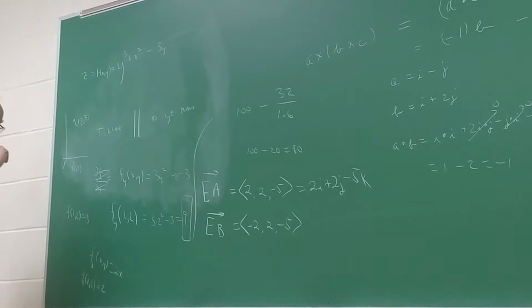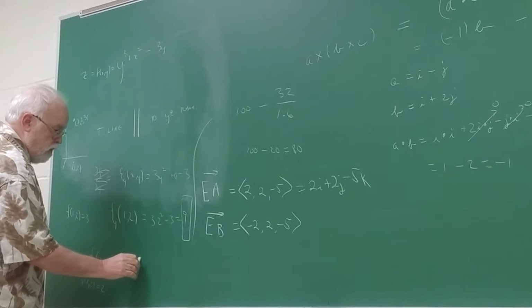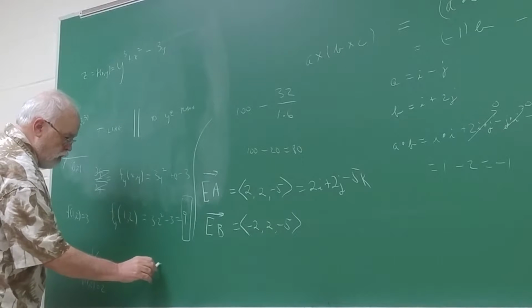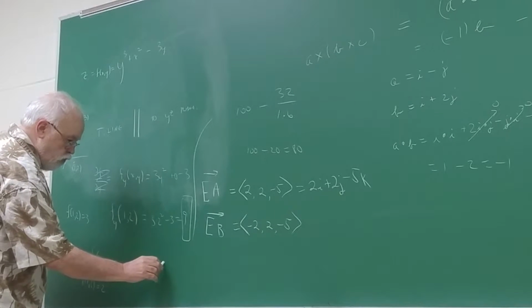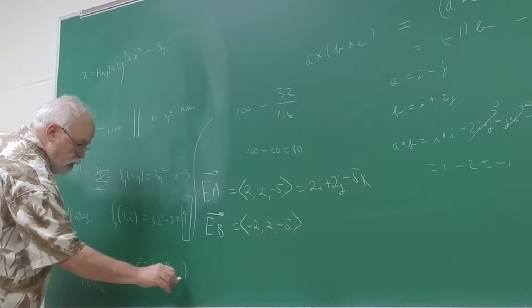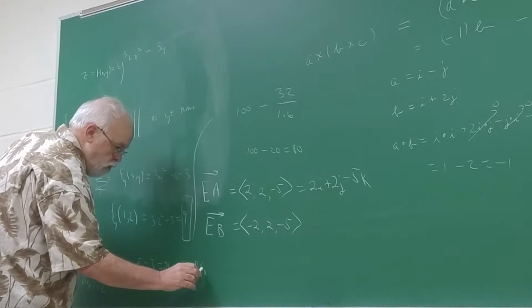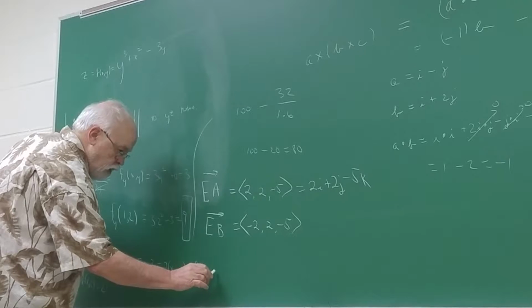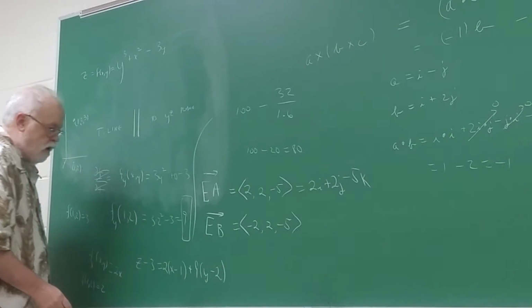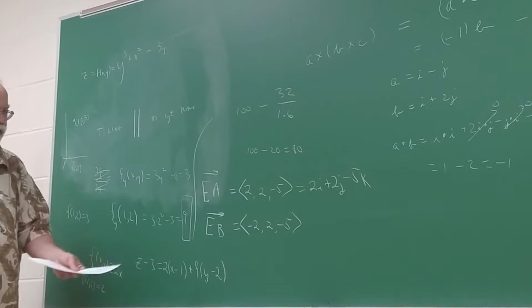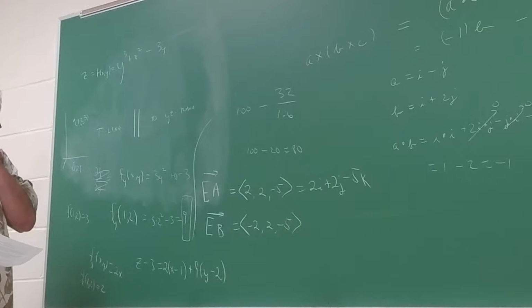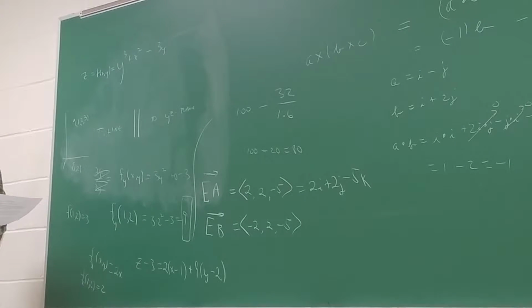And for my tangent plane, I would have z minus the z coordinate equals 2 times x minus the x coordinate plus 9 times y minus the y coordinate. So if I asked for the tangent plane, that's what it would be. But we haven't really done a whole lot with tangent planes, so I decided I would do that on this example.